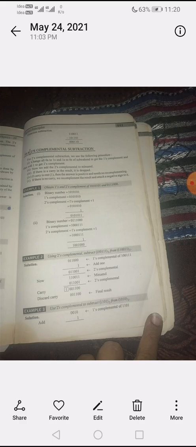So the maximum value of any digit in the system is 15.